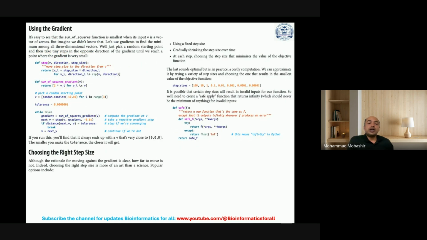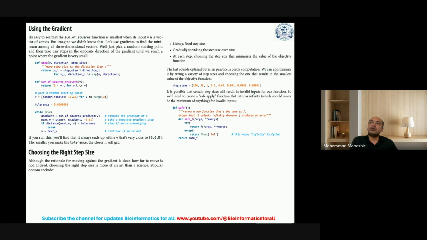Now, when you are using the gradient, then you need to think what could be the right step size. So the step size also matters while you are using gradient. Depending on the problem, you can look for the step size and perform the optimization process for different step sizes and then decide what could be the best step size for it.